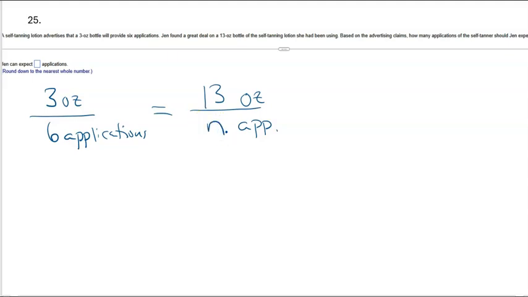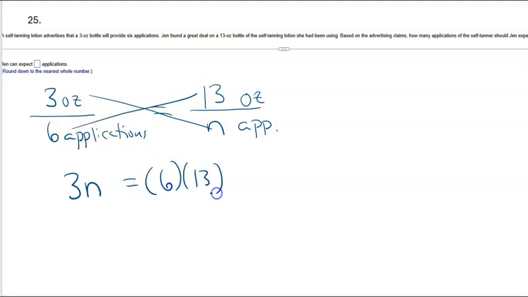Okay, so we know what to do. We do our cross product, so 3 times n, and then our cross product this way, 6 times 13. All right, then remember the next step was to simplify the side opposite of the n, so basic calculator, 6 times 13. I should be able to do that in my head, but I just don't want to. 6 times 13 is equal to 78.